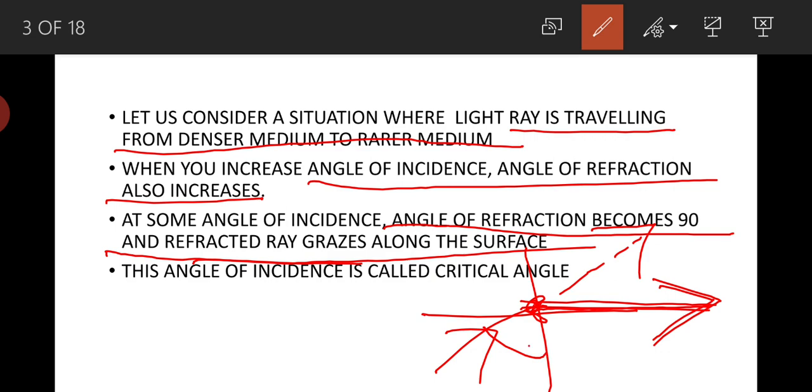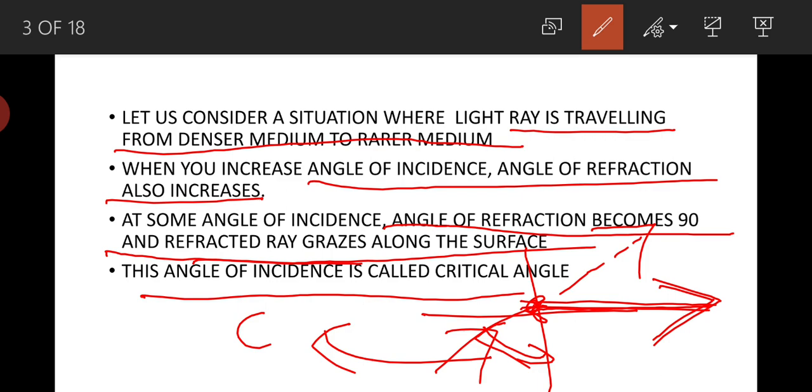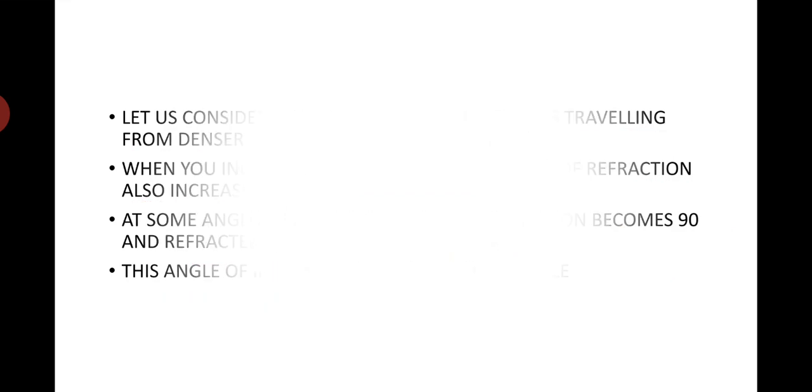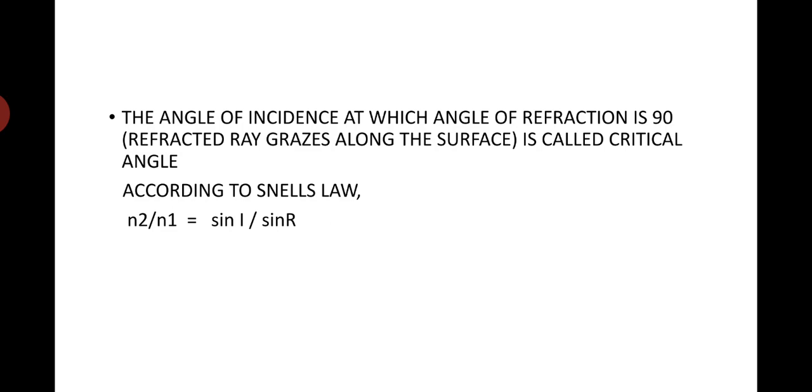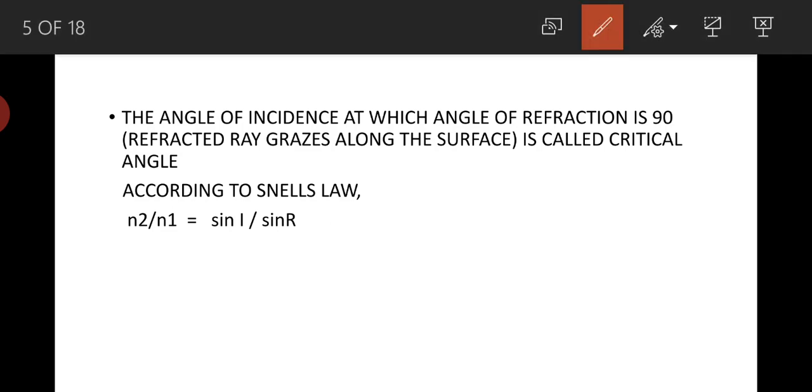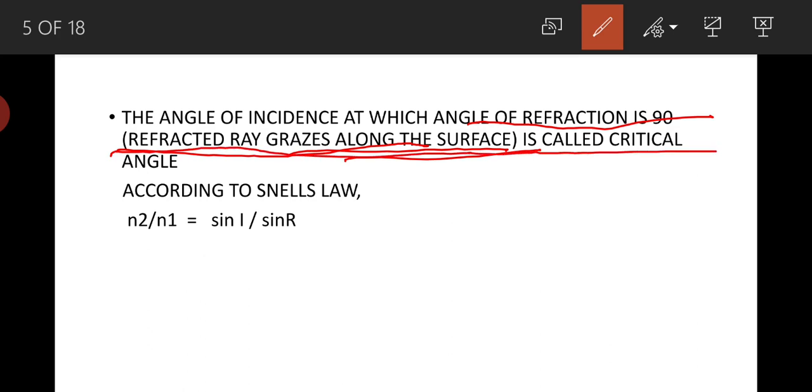So this angle of incidence is called the critical angle C. The angle of incidence at which the angle of refraction is 90 degrees, or the refracted ray grazes along the surface, is called the critical angle.